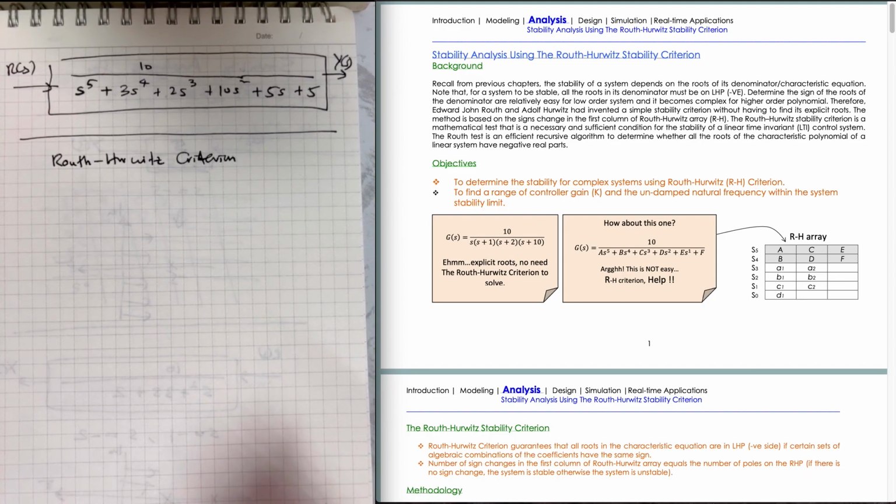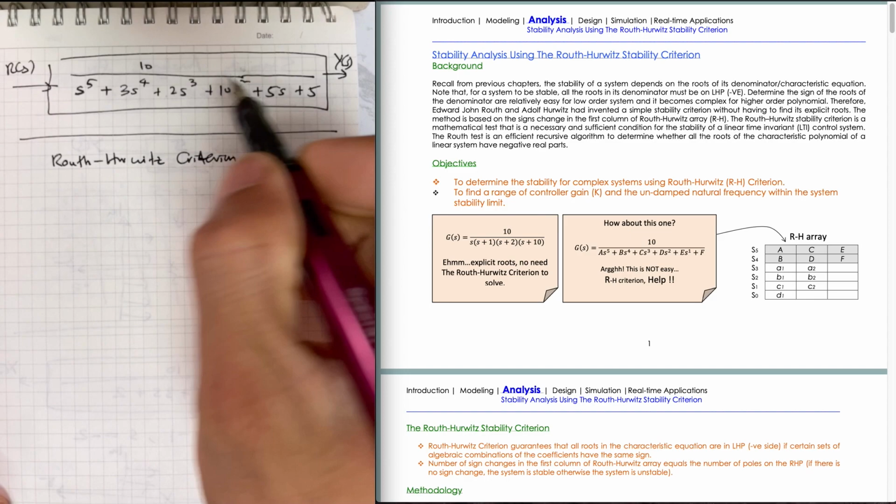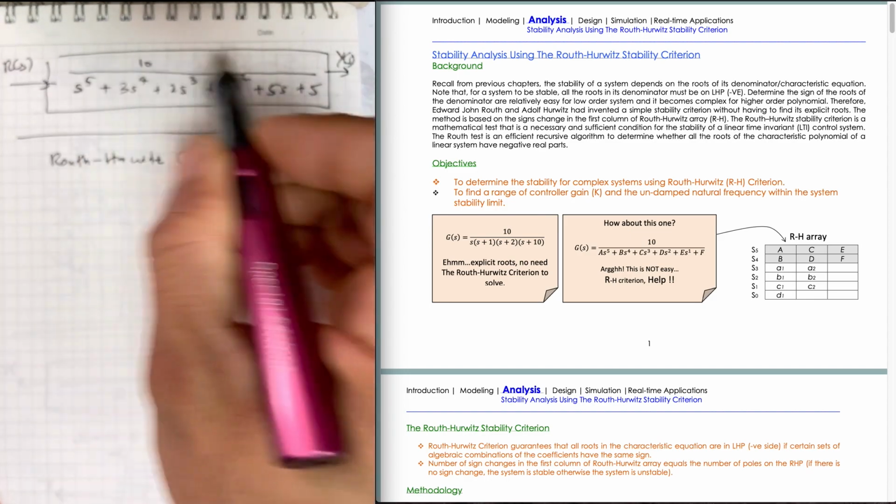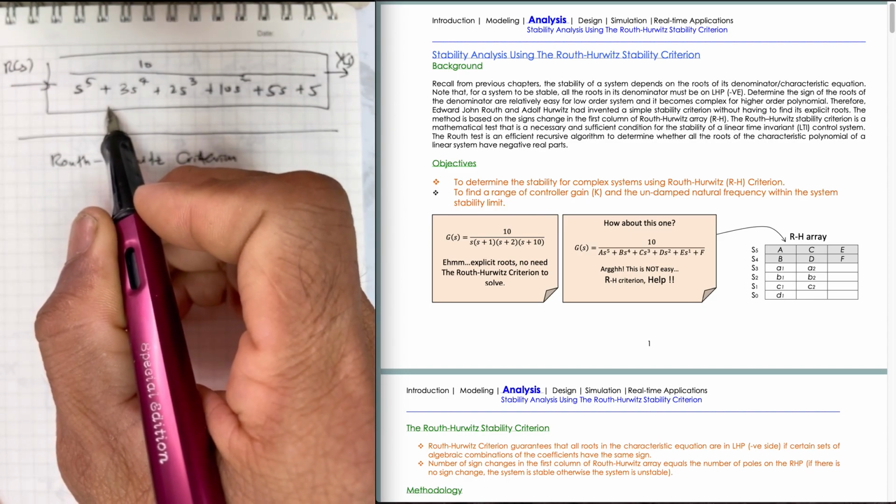The important thing to determine stability is to know whether there are any positive roots in the system. If there are any positive roots, they cause the system to be unstable, right?